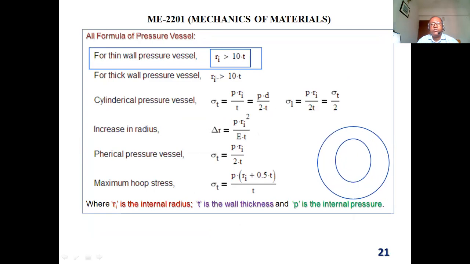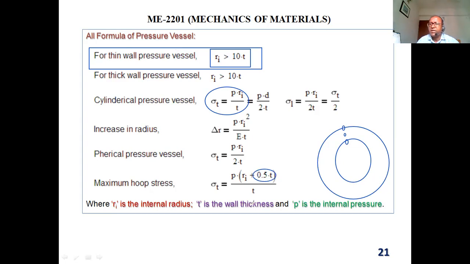If we use this formula, then for R we use Ri, that means right over here. If you use Ro over here, you get higher stress. But some books use the middle, so the middle means Ri plus half thickness, then divided by t.